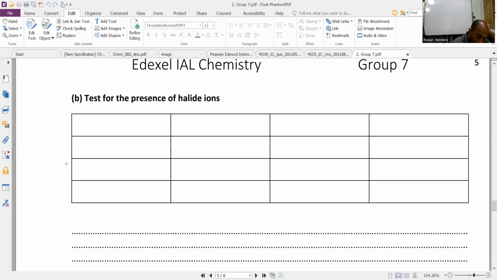Both silver chloride and silver bromide will be soluble in concentrated ammonia.